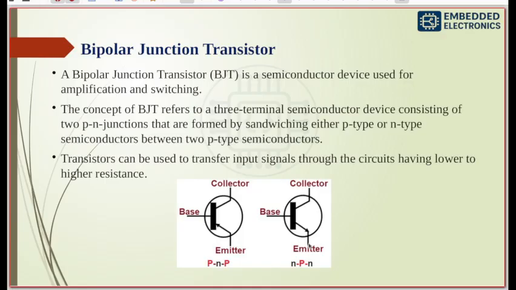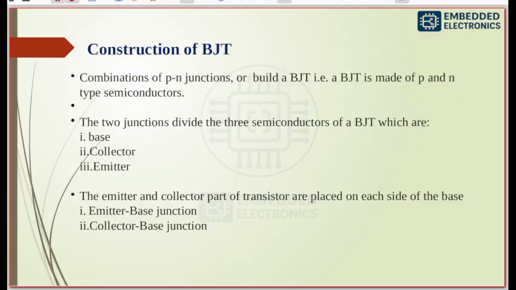The direction of the arrow represents the current flow in the transistor. In PNP, the current flows from the emitter to base, and in NPN, current flows from base to emitter.